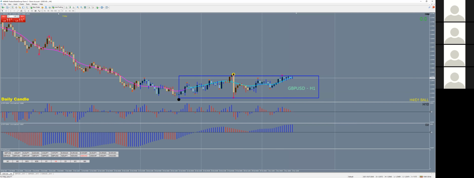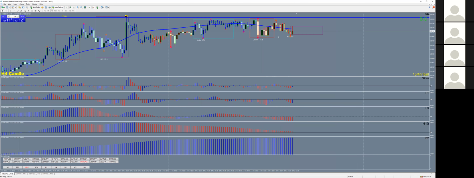All right, go to the 15. Okay, so H10 is flipping from bearish to bullish.